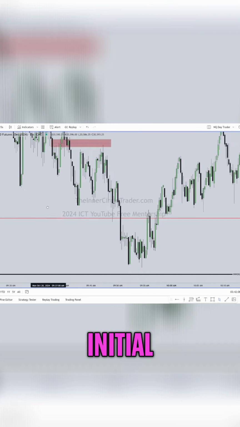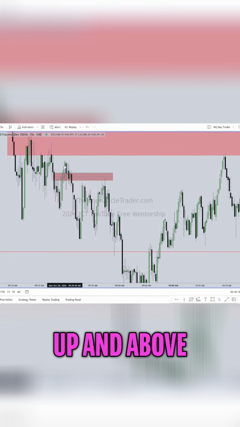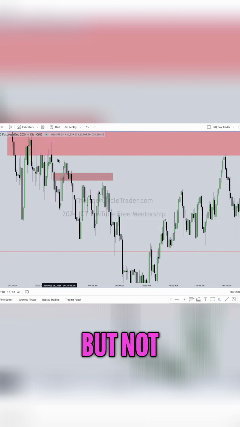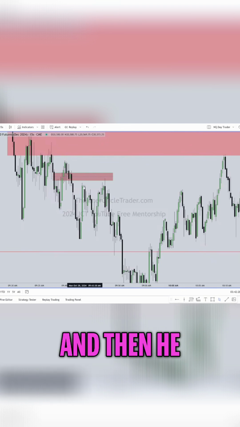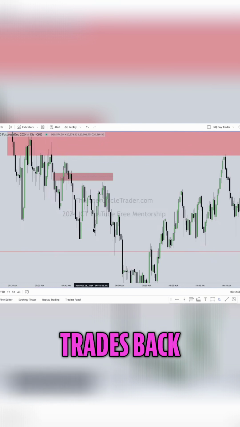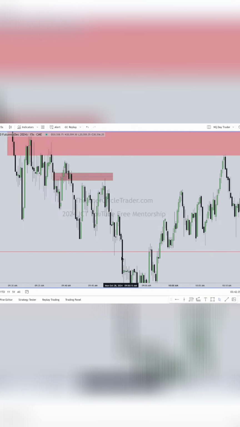But he has initial profits running for him, and they yank it from him all the way back up and above his entry, but not to his stop, which would be in that little red box above that candlestick's high. This is uncomfortable, but eventually it breaks back down below it, and then he sees it come back here, trades back lower, back in here, and then finally hits mid gap.